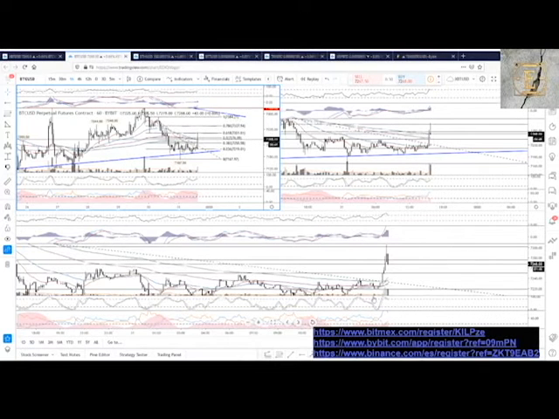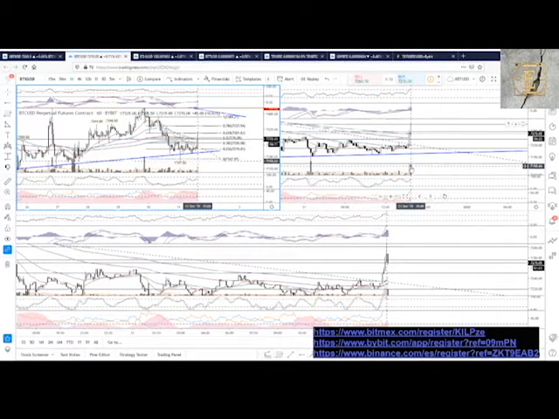Feel free to write in the chat, okay? Okay, again, bears are pushing now. They are making a good volume candlestick on 5 minutes and 15 minutes.